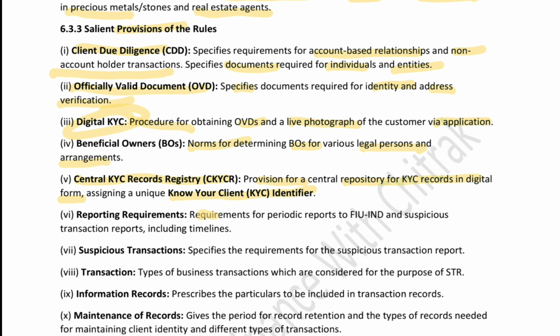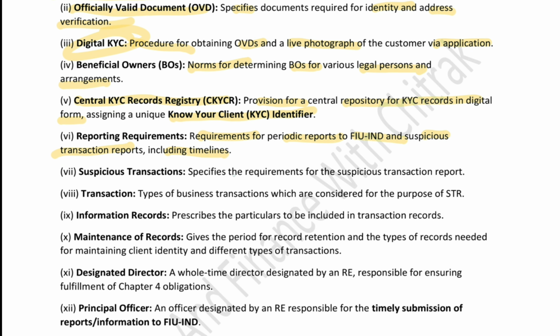Also, the requirements for periodic reports to FIU IND and suspicious transaction reports, including timelines, are mentioned in the rules. Then the types of businesses which are considered for the purpose of the suspicious transaction report are given in the rules.